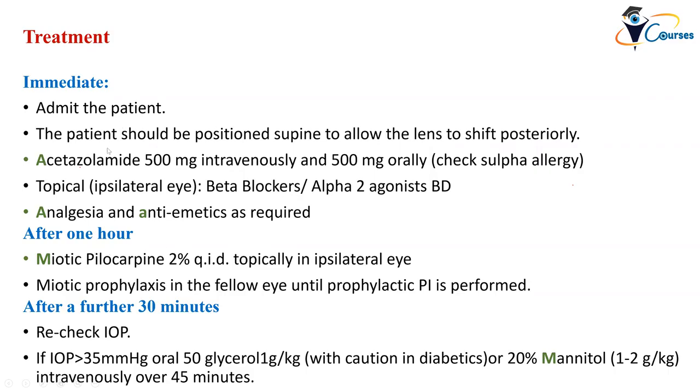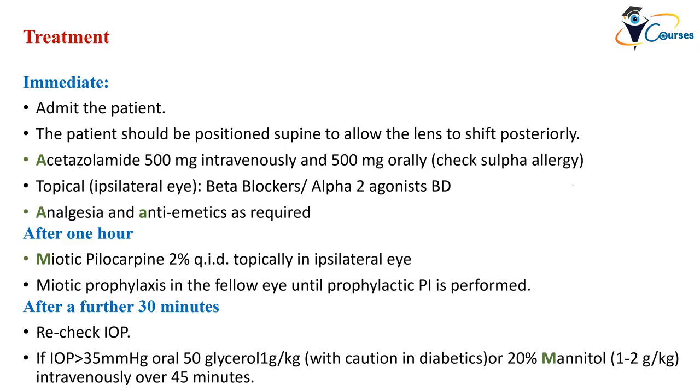Then, after you decrease the intraocular pressure, after about 1 hour, you start your miotic therapy, like pilocarpine 2% 4 times, or maybe some prefer to give it every 5 minutes for the first 30 minutes, then 4 times per day in the ipsilateral eye. So what is the role of the miotic? It will break this vicious circle of the iris bombé.